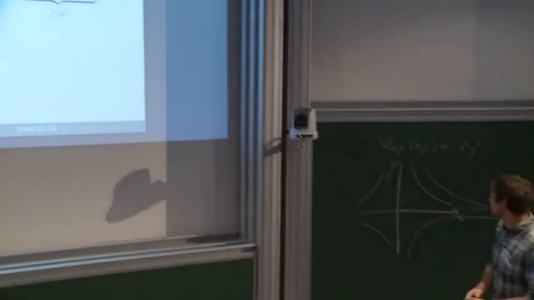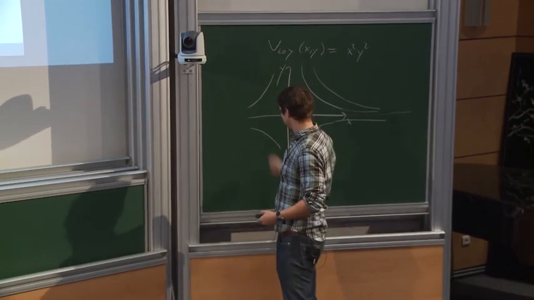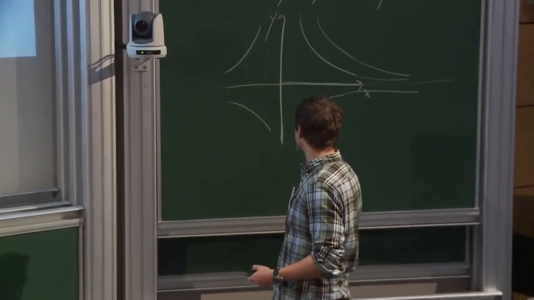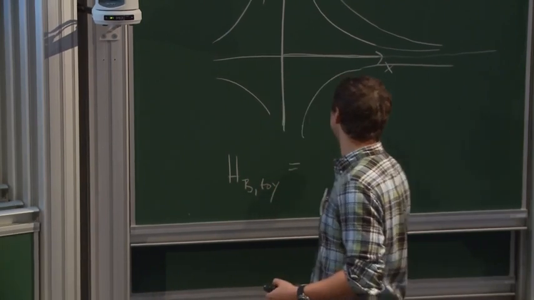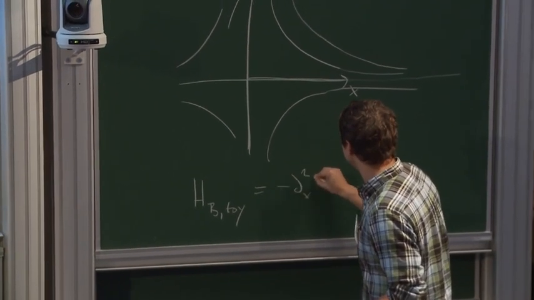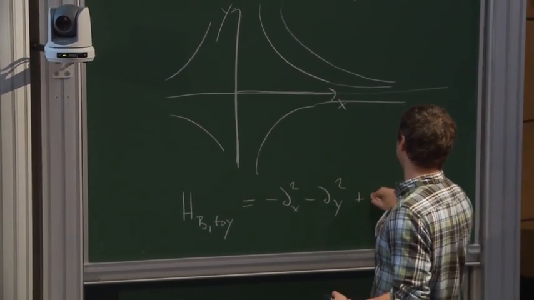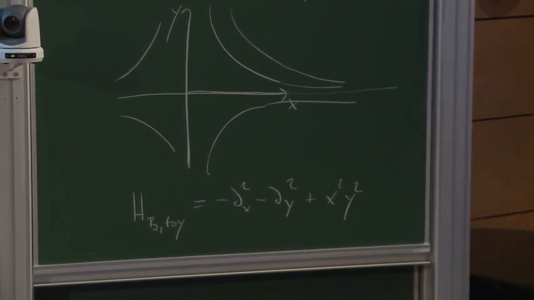So we can again consider this toy model Hamiltonian. So on the quantum side here, this is the bosonic toy model, which is then just the Laplacian in 2 dimensions, plus this potential.